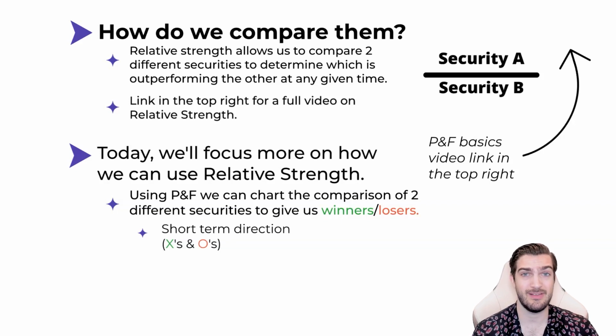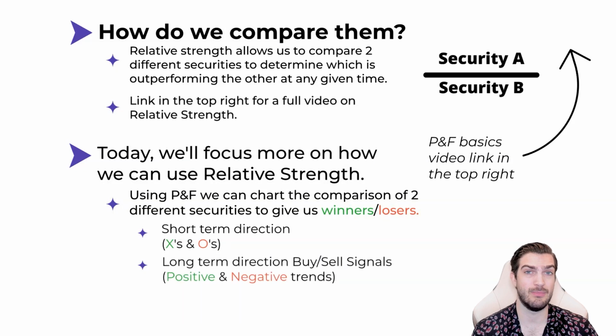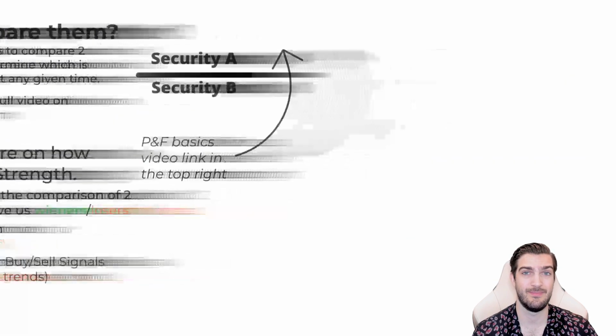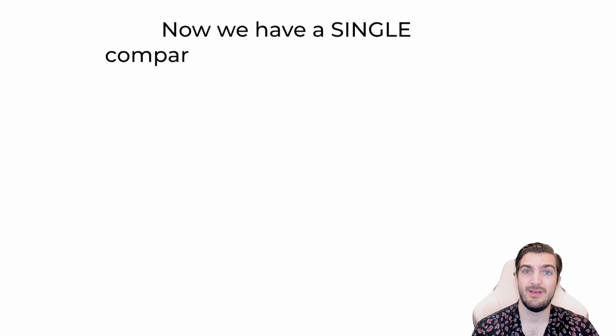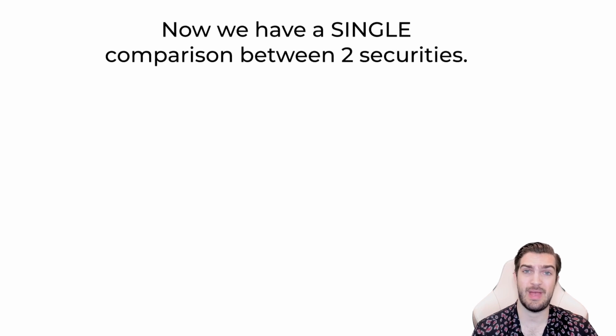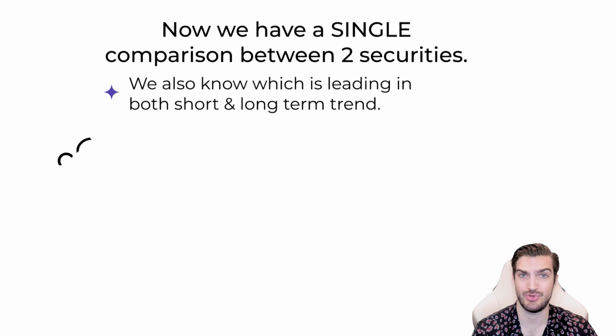And we also get a second piece of information from its trend, where our point and figure buy signals for our relative strength indicate long-term positive trends, whereas our sell signals indicate long-term negative trends. So that's great. Now we have a single pair of securities and which one of the securities is leading compared to the other for short-term direction and long-term trend.